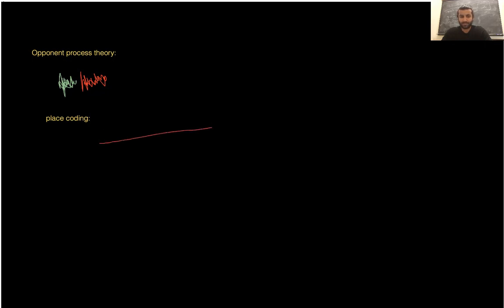For example, if this is the basilar membrane, if this is the base, and this is the peak, different places on the basilar membrane encode different frequencies.